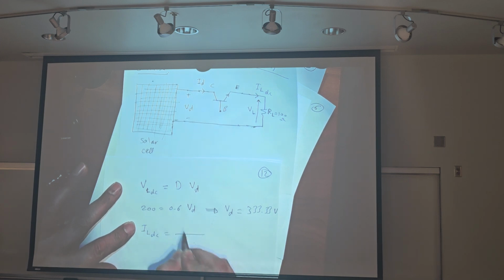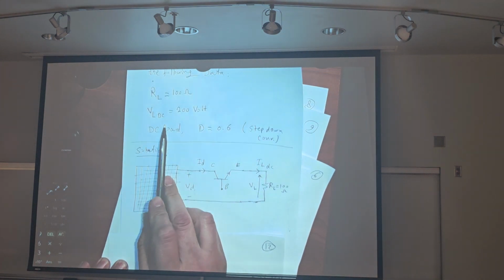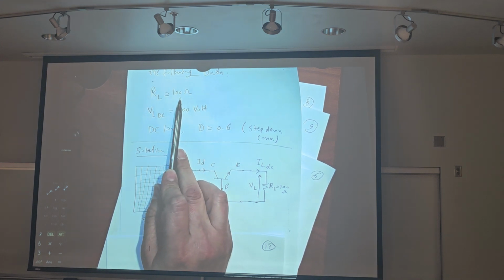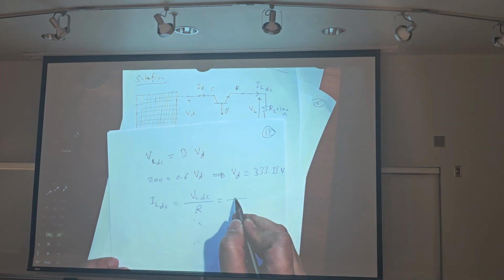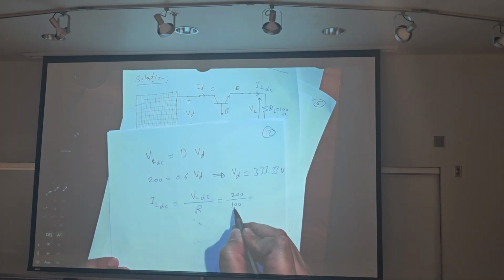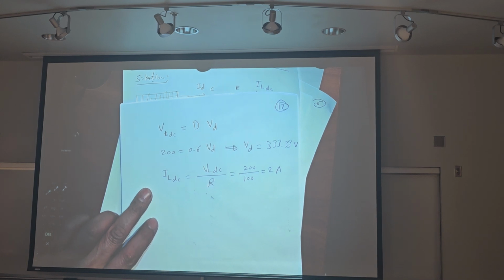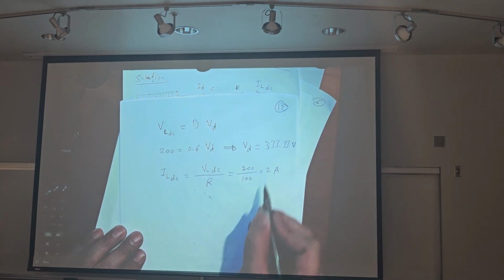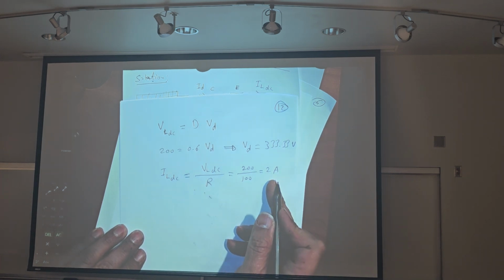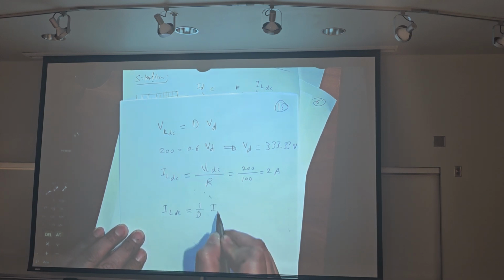I load DC equals V load DC divided by R. We have V load DC 200, divided by R 100, so equals 2 ampere. Now I load DC equals 1 over D times ID.